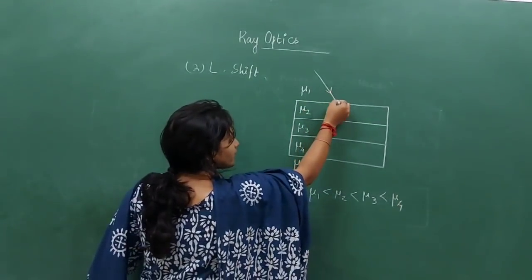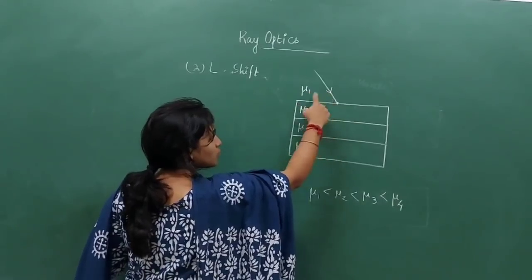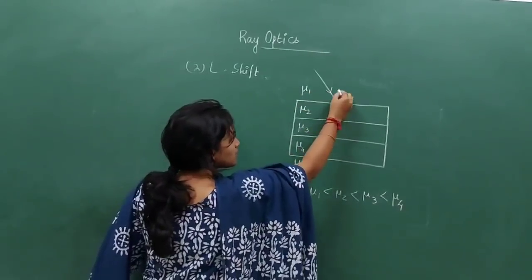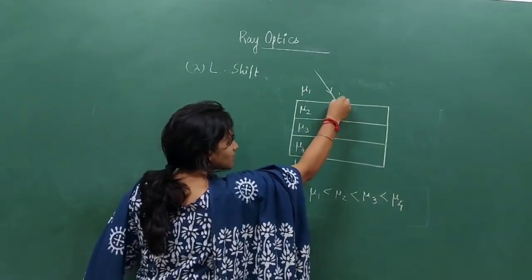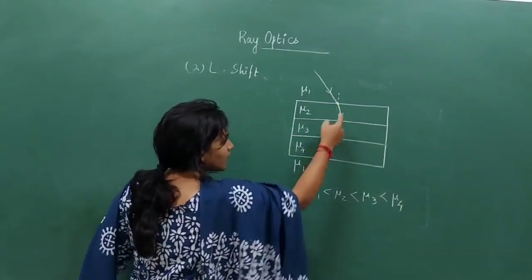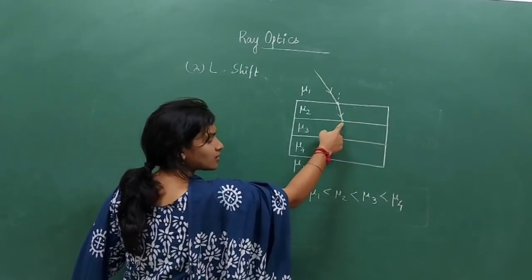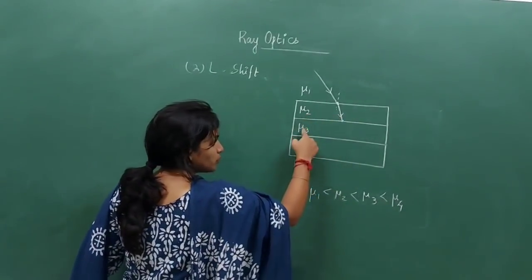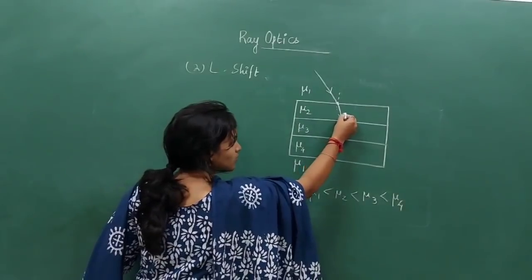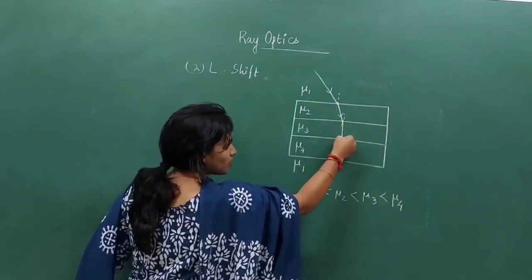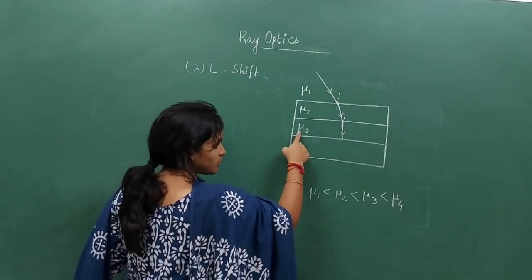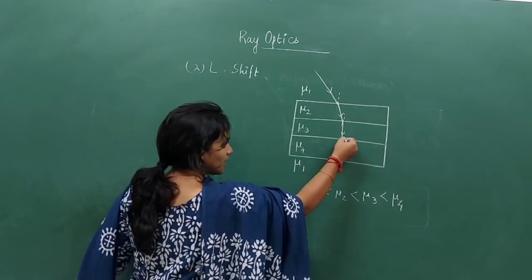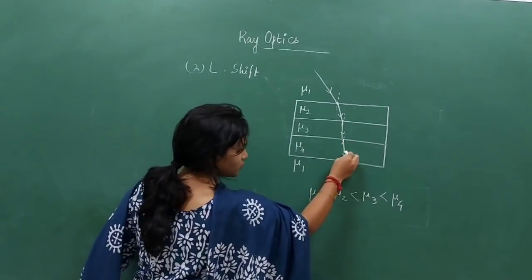Actually, when a ray of light is incident on the first surface, the mu1-mu2 interface, since mu2 is greater than mu1, it will bend towards the normal like this. Again, for the second and third interface, mu3 is greater than mu2, so this will also bend towards the normal like this. Again, mu4 is greater than mu3, so this will bend again towards the normal.